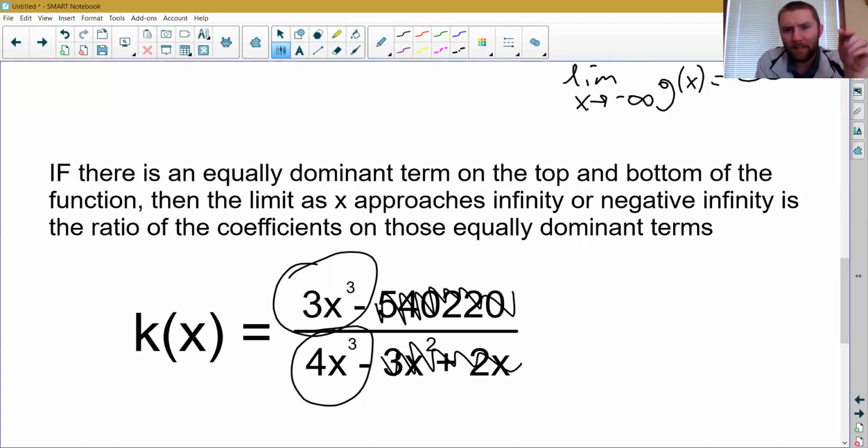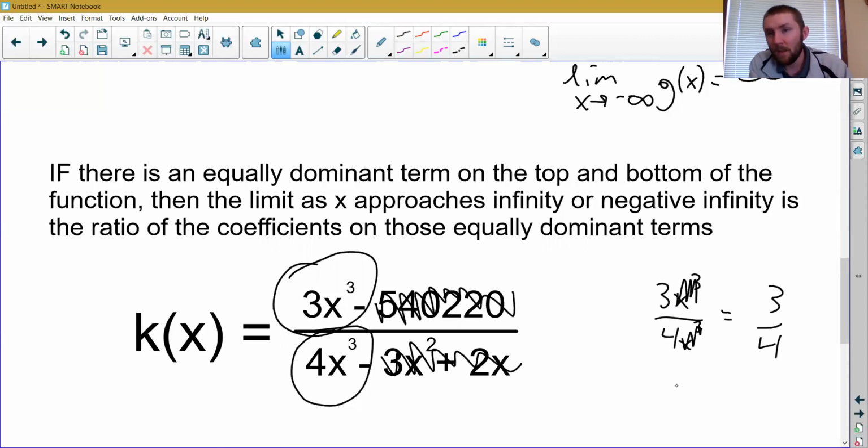So if my function now becomes 3x to the third over 4x to the third, these are equally dominant. Well, can't this function simplify down? We basically can cancel out the x to the thirds, and my whole function just says this. And that's actually what the limit is equal to as well.